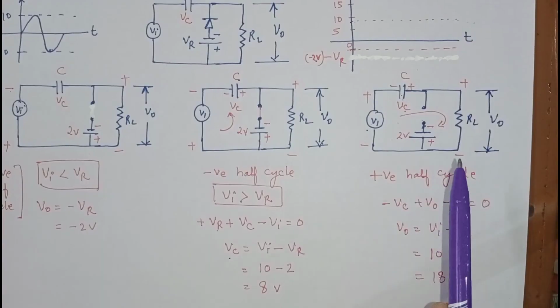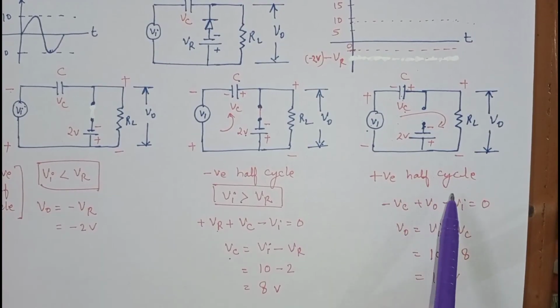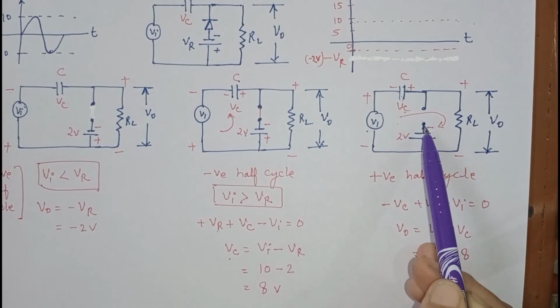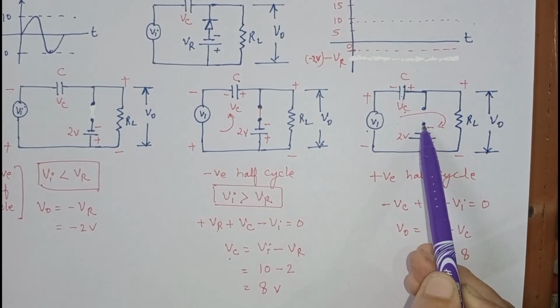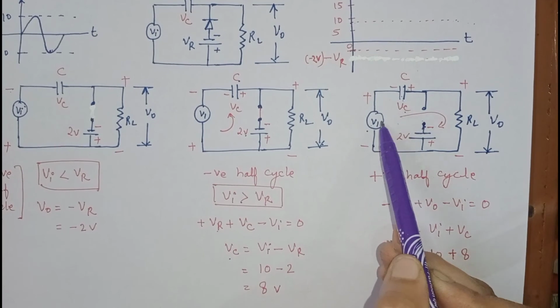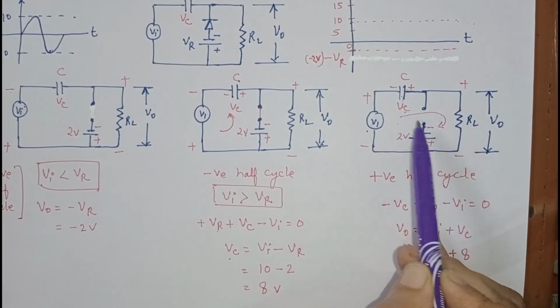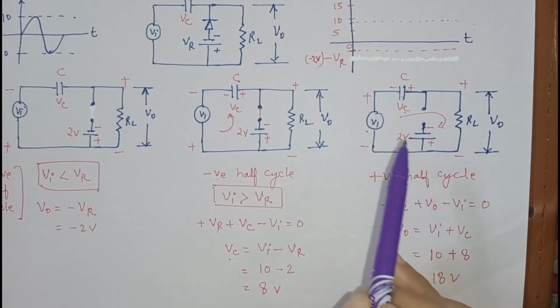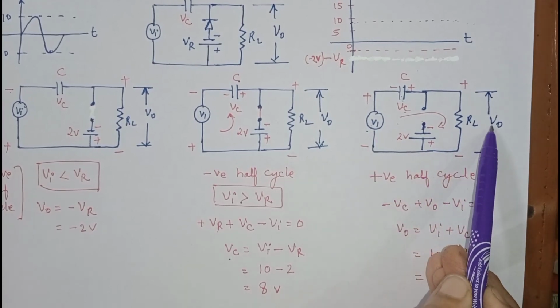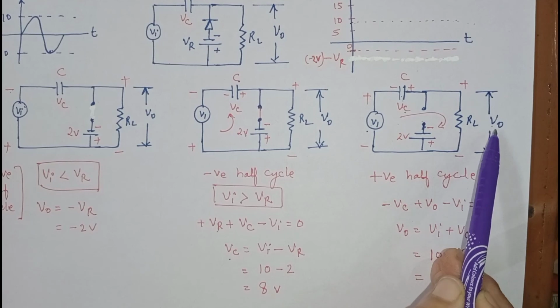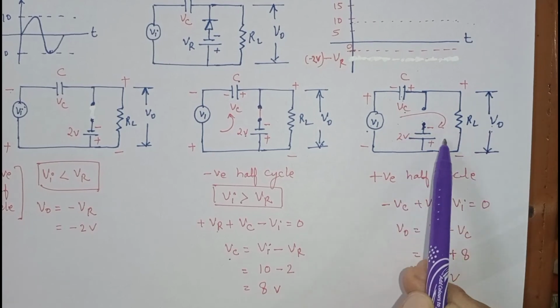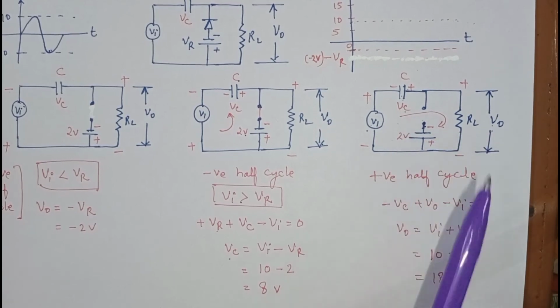Now during positive half cycle, the diode is reverse biased, so it will act as an open circuit. Now these two voltages come in series and the current will flow in this direction from positive to negative. So now we will find the voltage across this RL, meaning output voltage. Now we will apply KVL in this outer loop.